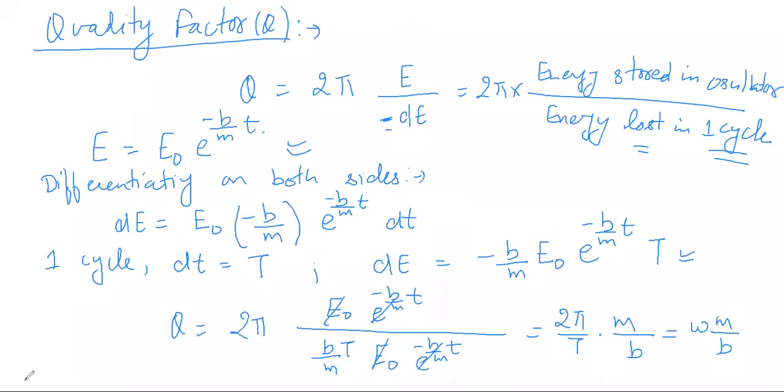If you talk about the quality factor for an LCR circuit, you will have omega, you will have M, your M was equivalent to L and B was equivalent to R. So this would be your quality factor for an LCR circuit. So these are two terms which we usually associate with your damped oscillations, quality factor and logarithmic decrement.